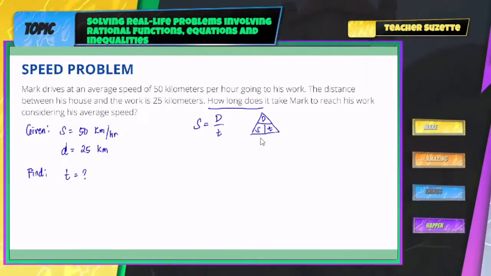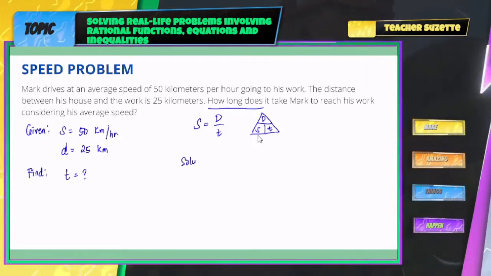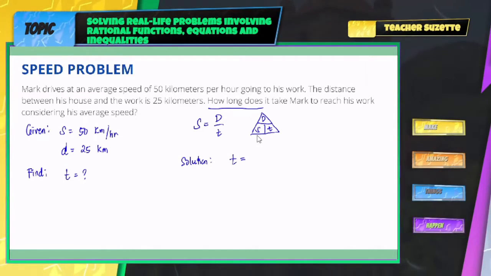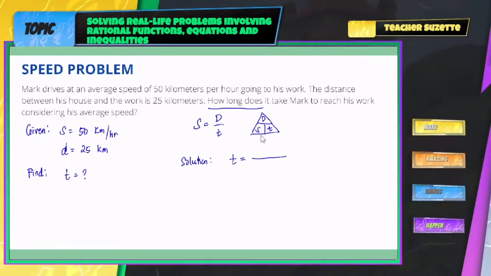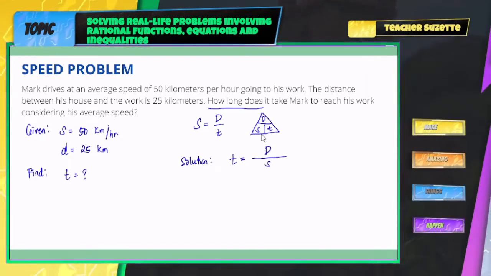You can now come up with the formula we will use to solve for the time. So, solution: time will be equal to, based on our triangle, distance over speed.